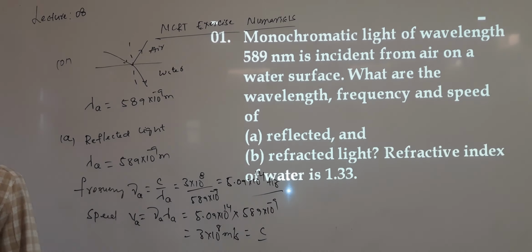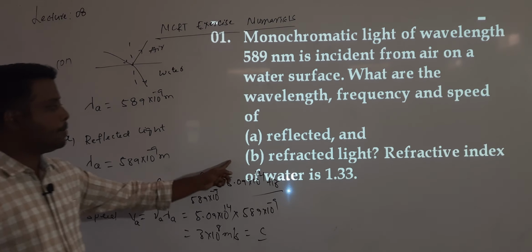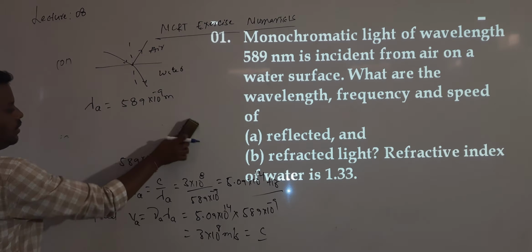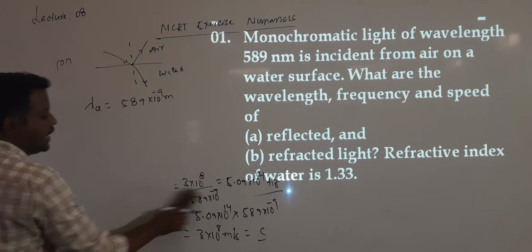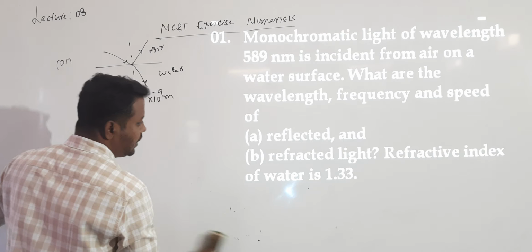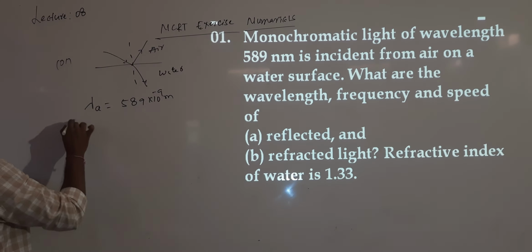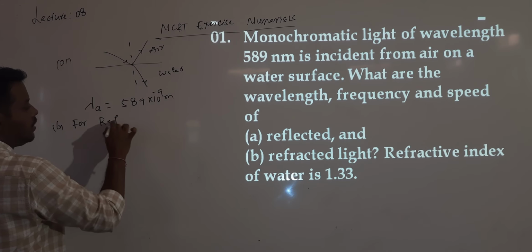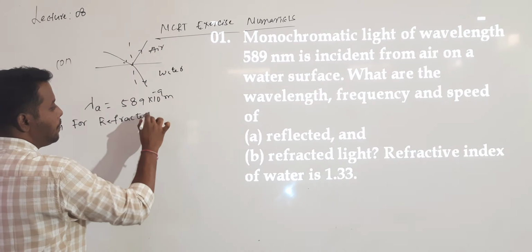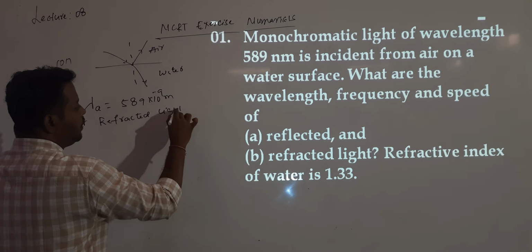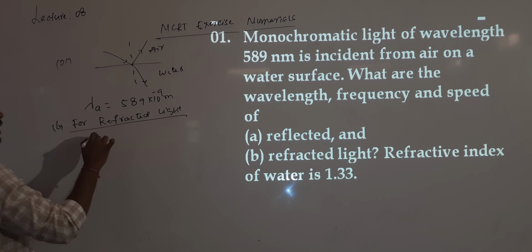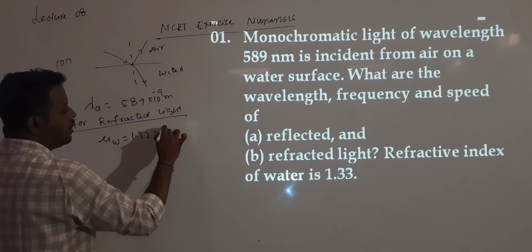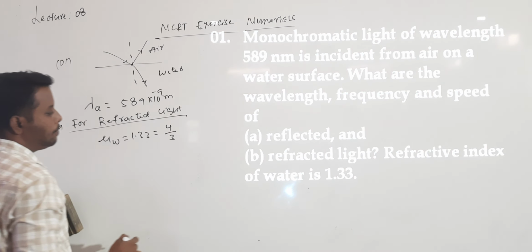Now one more is there. The second one, part B, is for the refracted light. The refractive index of water is also given as 1.33, which is nothing but 4 divided by 3.